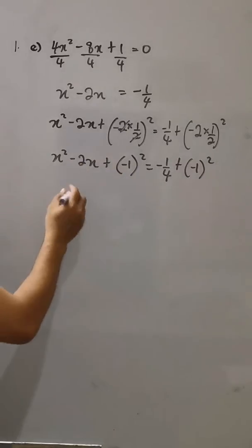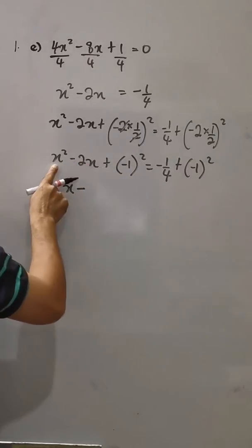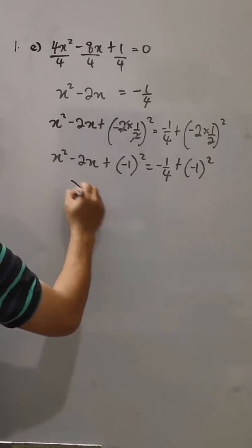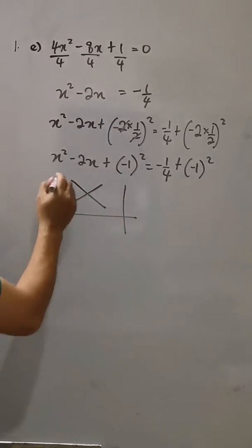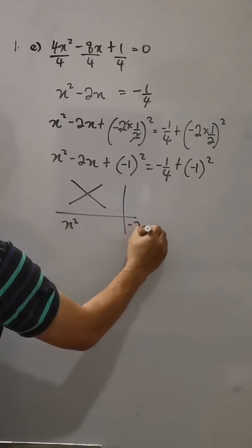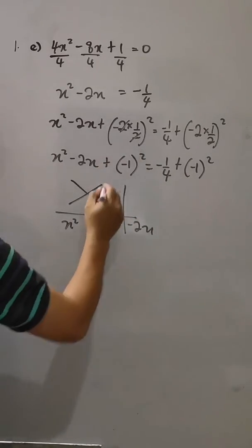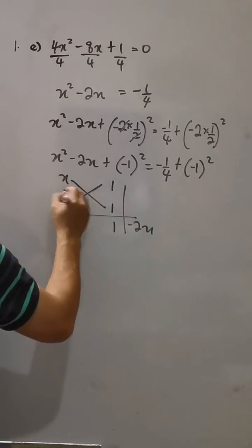So this part you factorize. I just leave some space for factorization. Here it will be x squared, here will be negative 2x, here will be 1, because negative 1 squared will be 1. So 1 times 1, and here x times x.